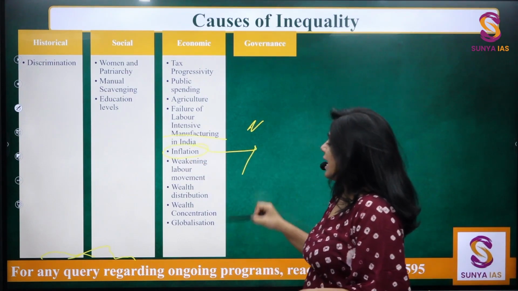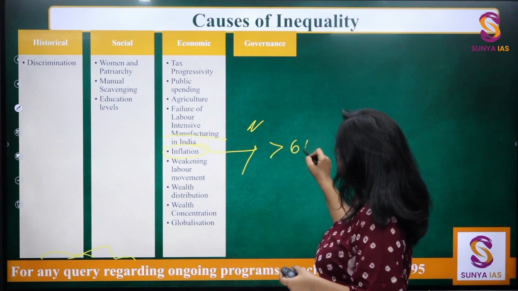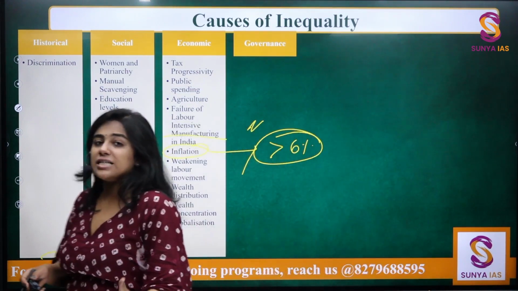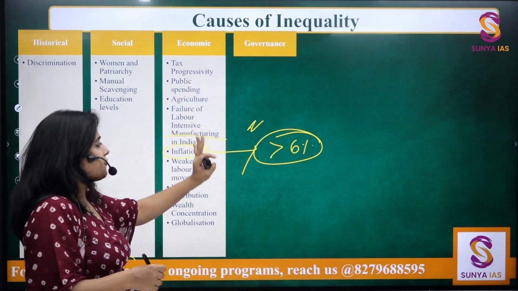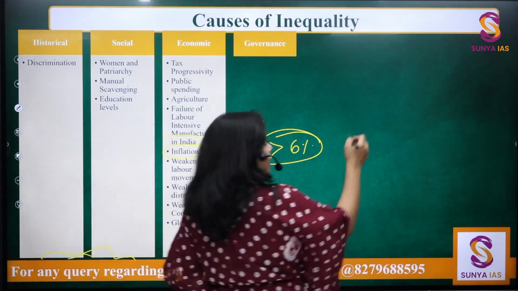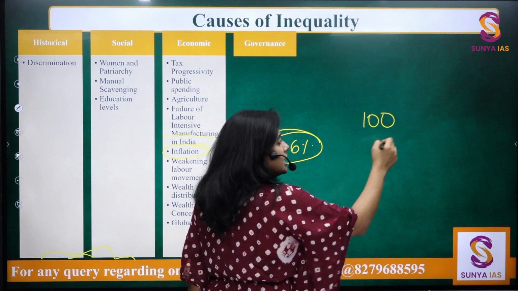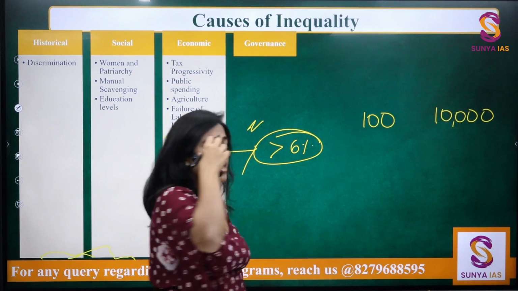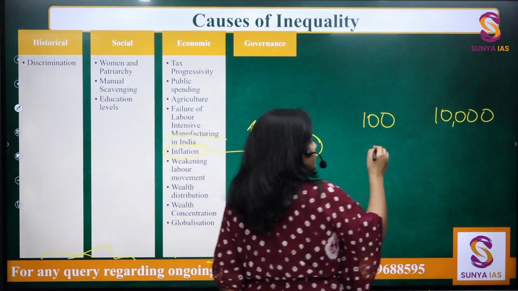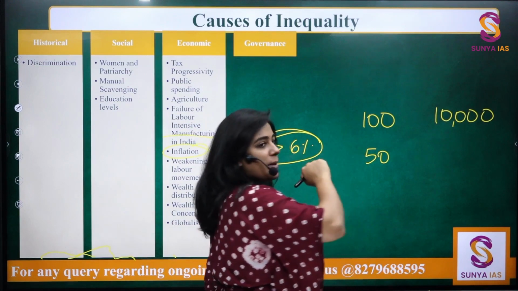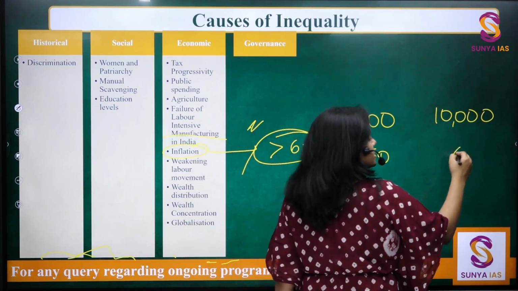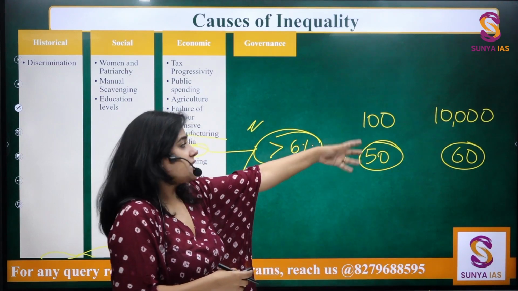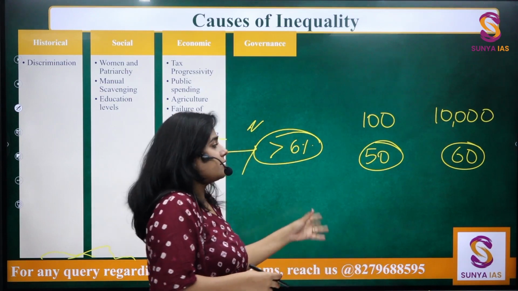Inflation, it has consistently been over 6%, especially the consumer price index, because the food inflation has been so much. So when inflation is high, if I am earning 100 rupees, someone is earning 10,000 rupees, and my expense towards food is 50 rupees, and this person's expense also is about, let's say, 60 rupees, then disposable income for me is so much lesser than this person.